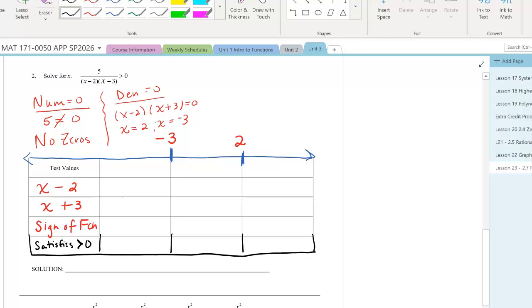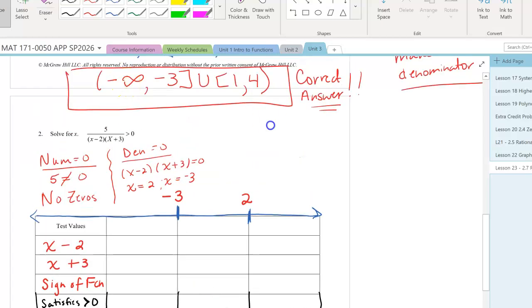So remember, what we're going to do is pick test values in each of these 3 regions. A test value below negative 3, a test value between negative 3 and 2, and a test value greater than 2. And what we want to do with that is plug it in the function, determine the sign of the function, and then see if it satisfies the inequality.